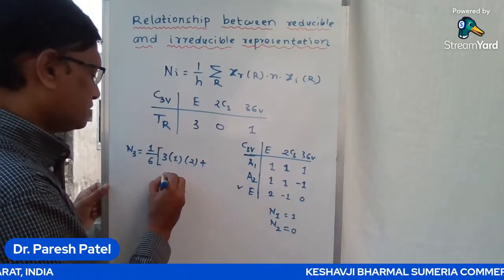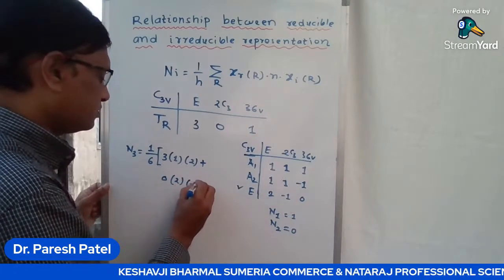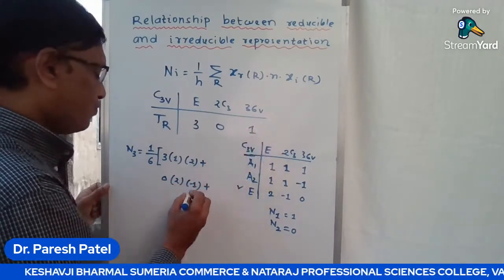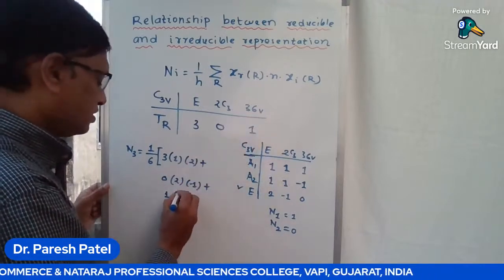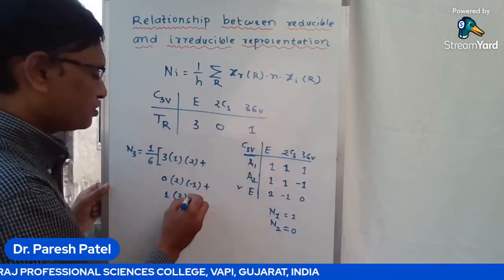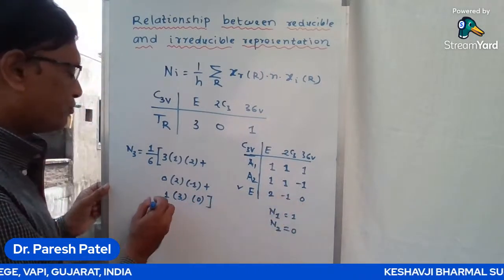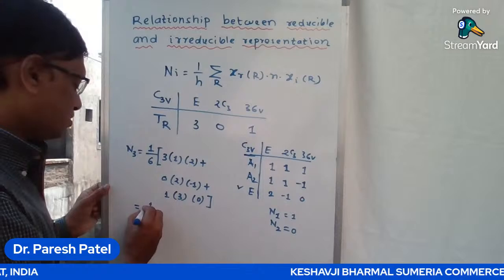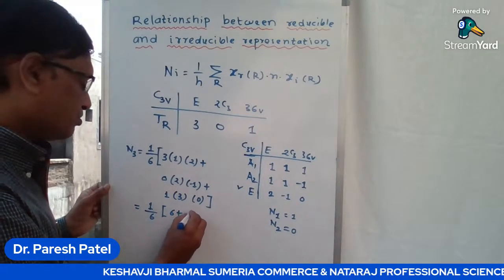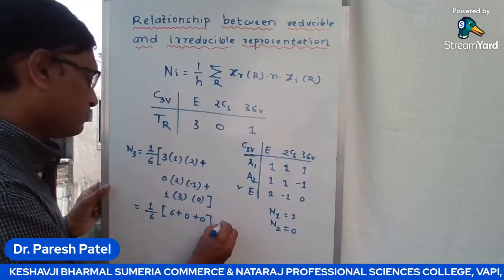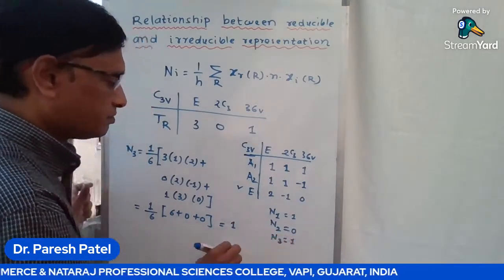Plus 0, 2 and minus 1. Plus 1 is the character for the reducible representation, 3 is the number of that symmetry operation, and 0 is the character for the irreducible representation. So is equal to 1 by 6, 6 plus 0 plus 0 is equal to 1. So the value for N3 is equal to 1.